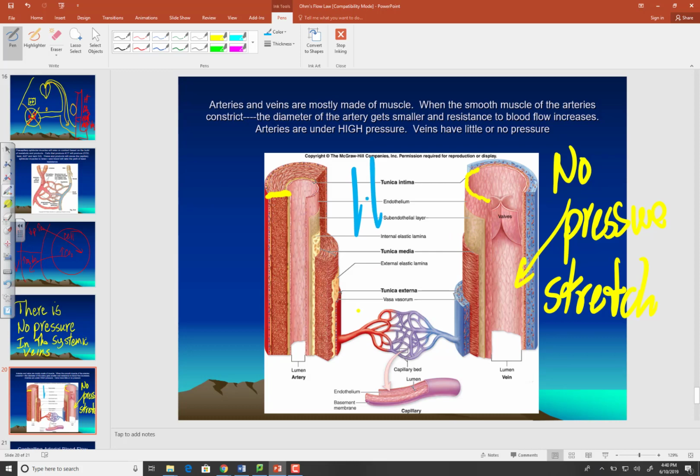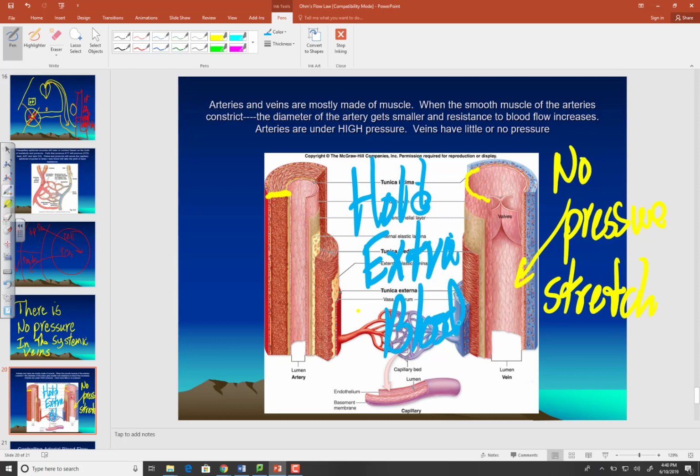Systemic veins can hold extra blood. Why? Because they have a thin muscular wall that can stretch. So think of a balloon. You put some water in it, it's got a thin wall, it can stretch and it can accommodate more water.